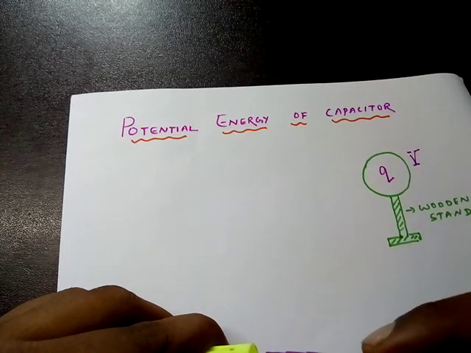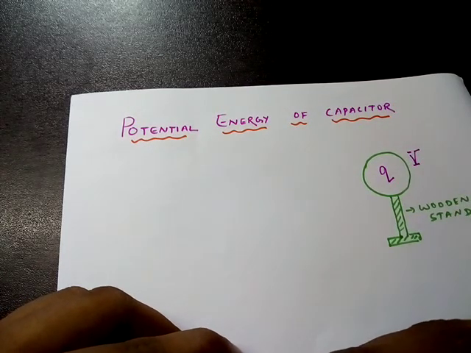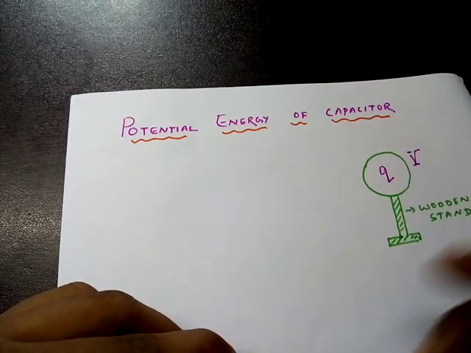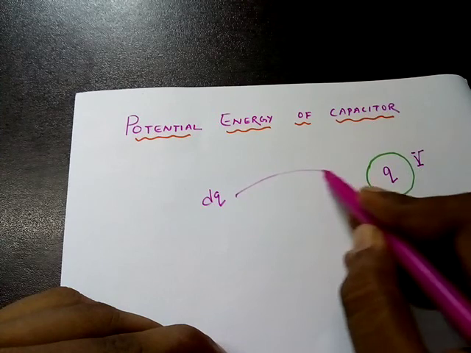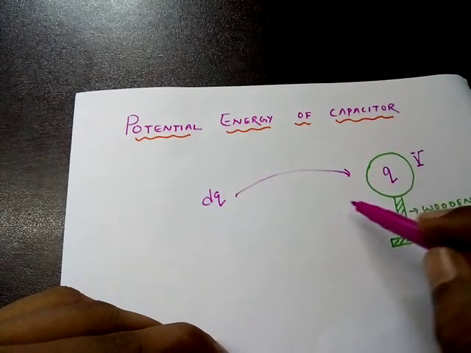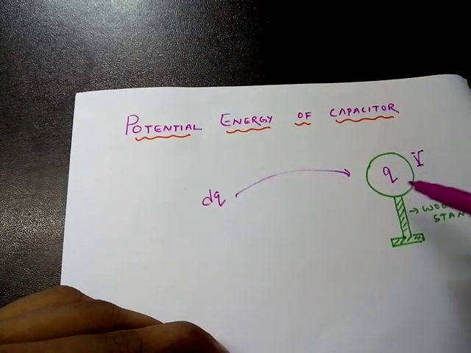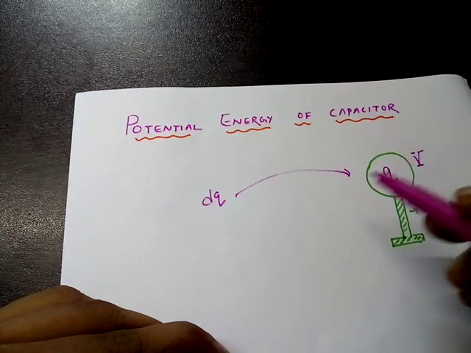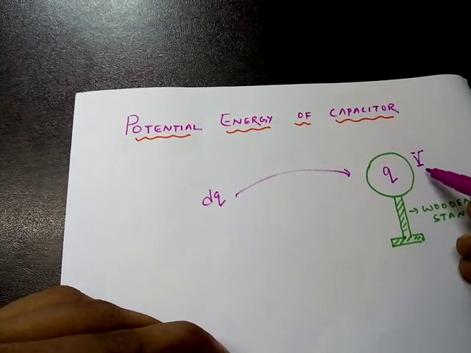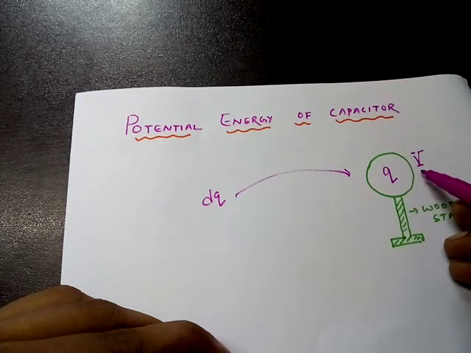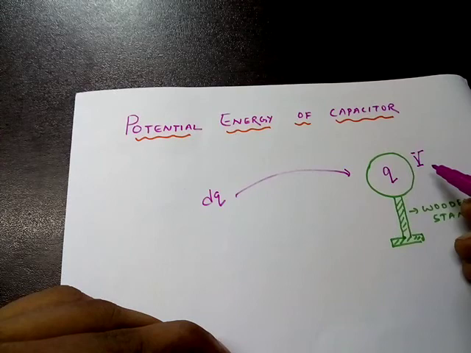Now if a further infinitesimally small amount of charge dq is given to it, as the charge is very small, the potential rise will also be very small. So practically the potential v will remain unchanged, constant.